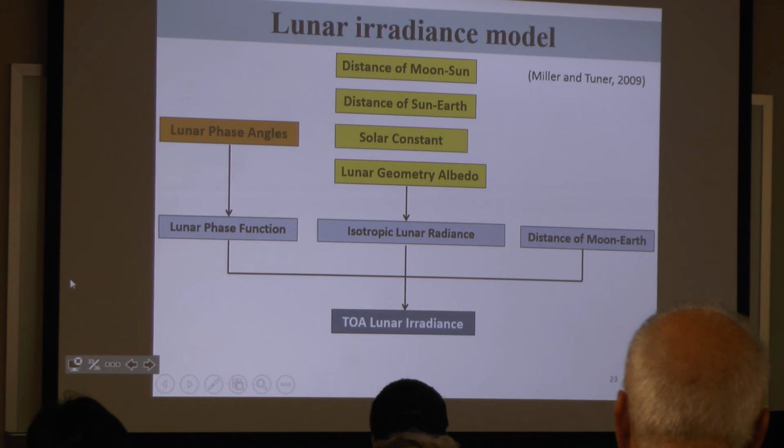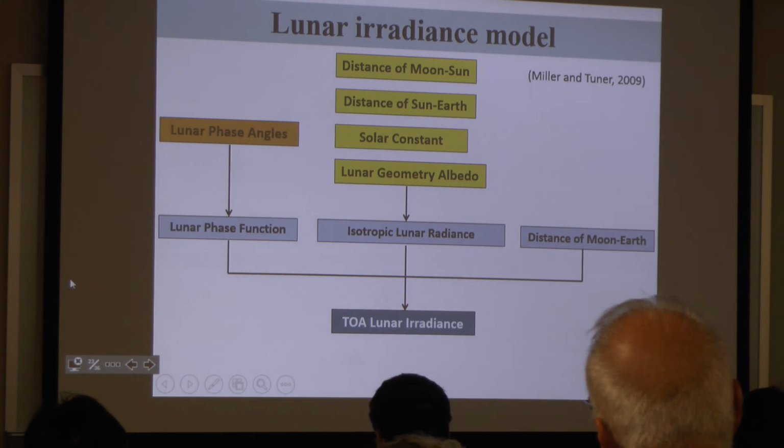In order to calculate the top of atmosphere daylight band reflectance, I need a downwelling lunar irradiance. In 2009, Miller and Turner showed a way to calculate the lunar irradiance based on several inputs listed in this chart.